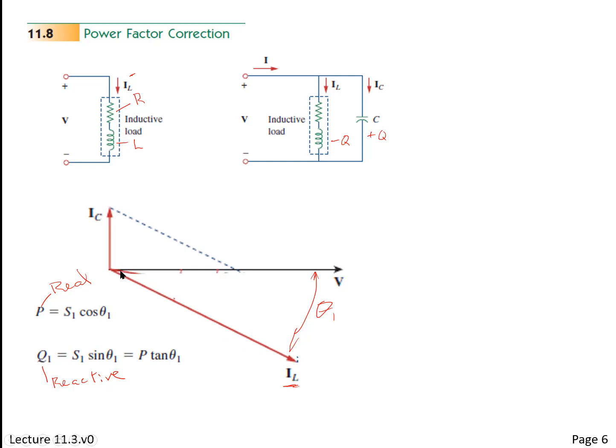Well, it's pointing off at some angle because the load is made up of a resistor and an inductor. So if there was no resistor, the inductive load would be right down here. All right? But there's a resistor that's pulling it this way.